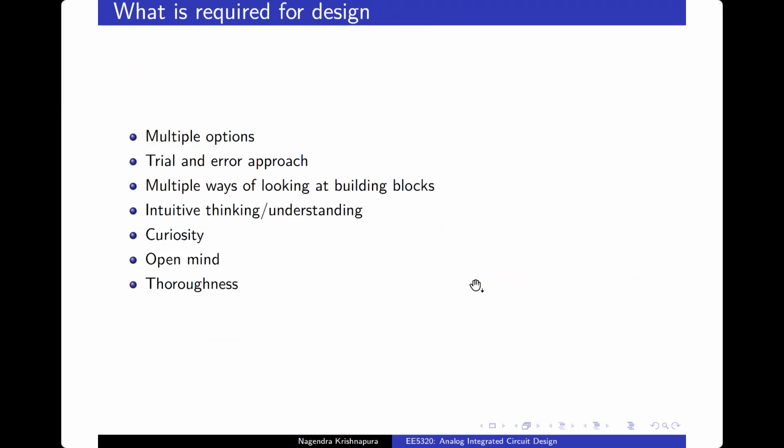But the most important thing is, those of you who go to design, either for circuits or any other creative field, you should be comfortable with trying multiple options and a trial and error approach. So this persistence is very important, right? These are not like problems that you will get the answer to in 15 minutes or some short duration. It's more like a random walk through different possibilities.